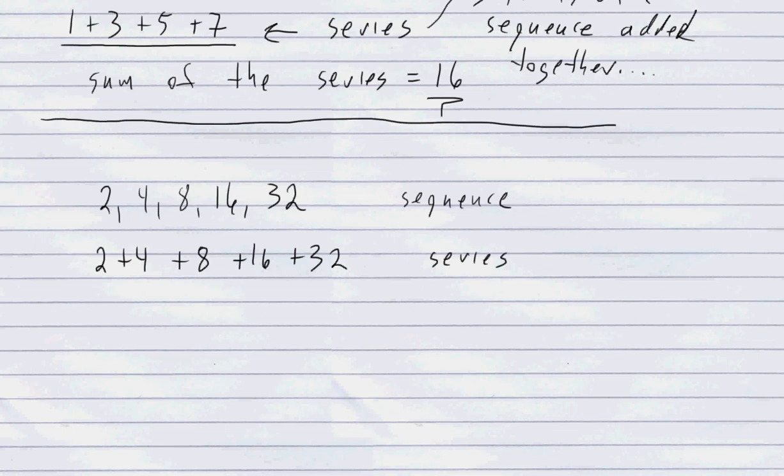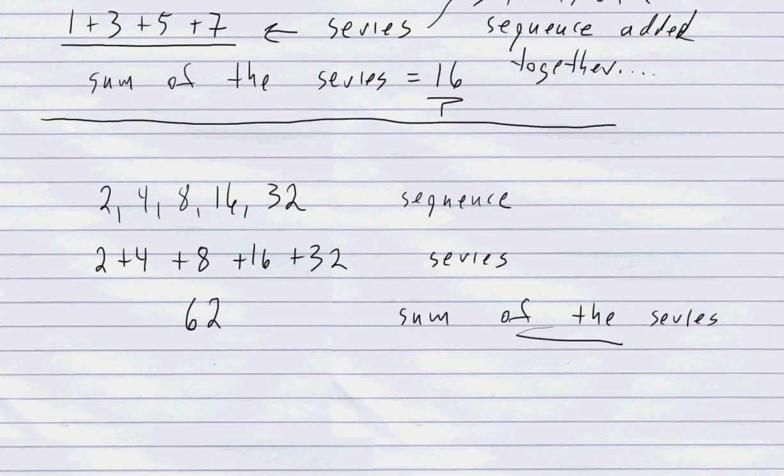The sequence and the series, of course, have the same pattern, but if we write them as a sum, that works out to be a series. Now, if we add those 5 numbers together, I'm doing this on my calculator, we get one specific number, we get 62, and that is called the sum of the series.